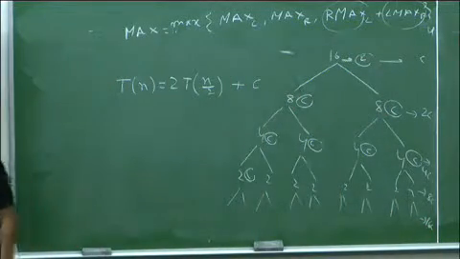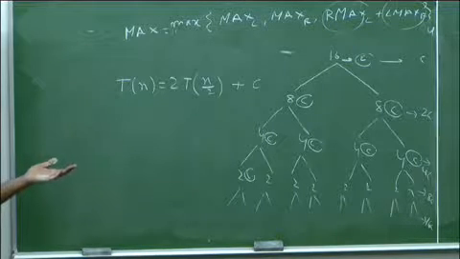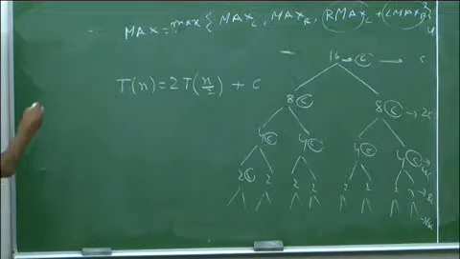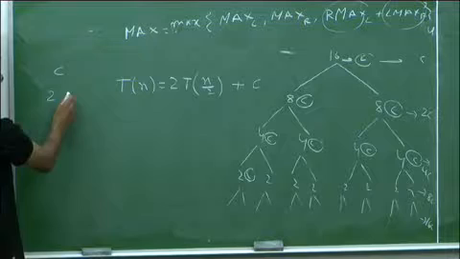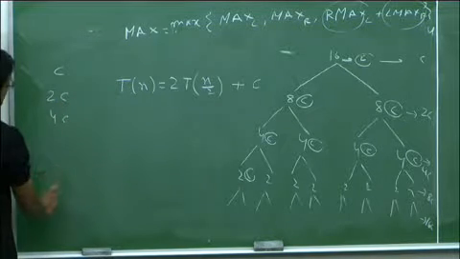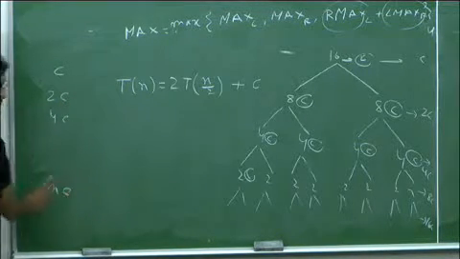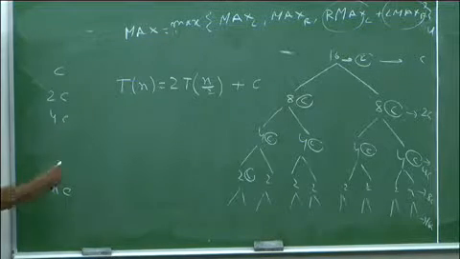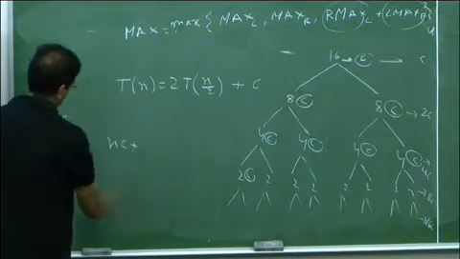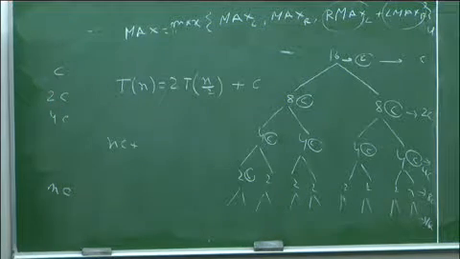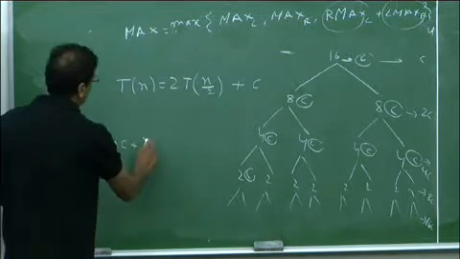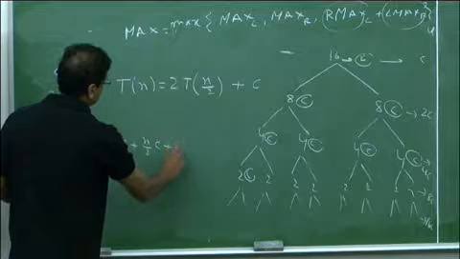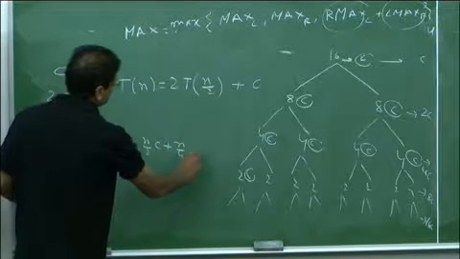Correct? Now, in general, if you had a problem of size n, what will happen? The top level will be c, the next level will be 2c, the next level will be 4c. What will be the last level? nc. What is the total time? Total time is nothing but nc plus n over 2 c plus n over 4 c, finally 1c.